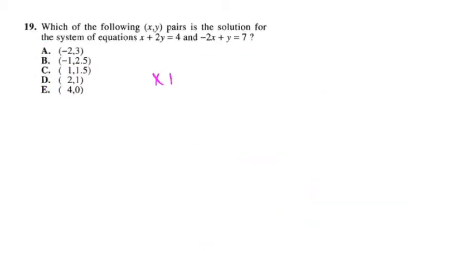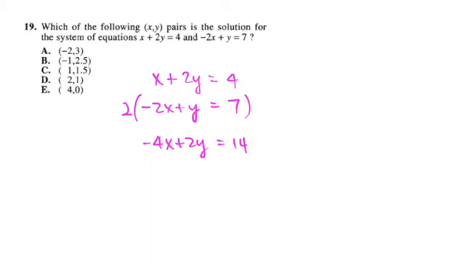Now we can also use substitution or elimination. I will use elimination. So let's say I want to get rid of the y's. That means I have to multiply everything here by 2. And that will be negative 4x plus 2y equals 14. And then I'm going to subtract.